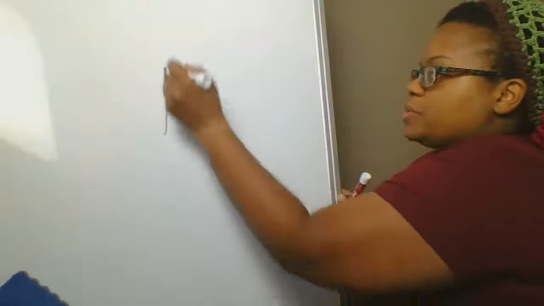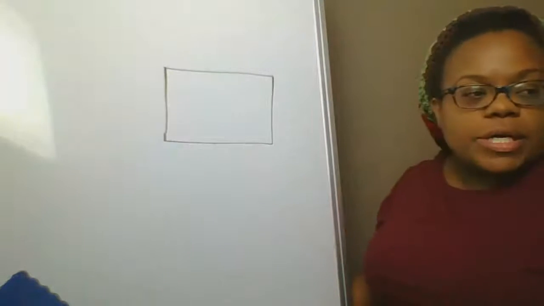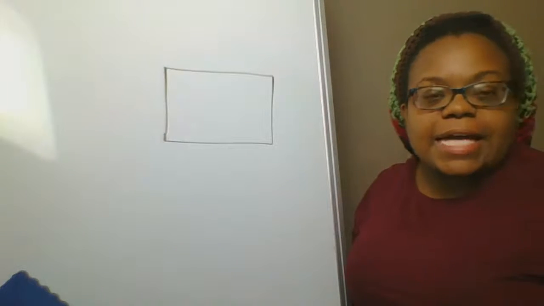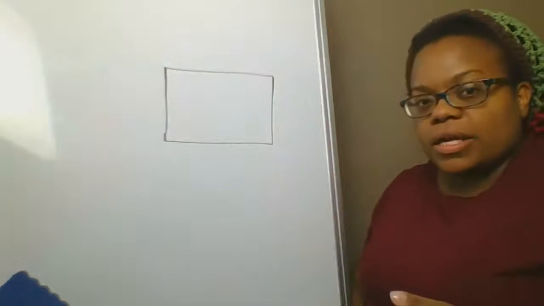So let's go ahead and look at our next question. Our next question was: Mrs. Swanson uses exactly 36 feet to build the fence of a rectangular garden. So I'm going to go ahead and draw her garden. And so it says that she uses exactly 36 feet to fence this garden.